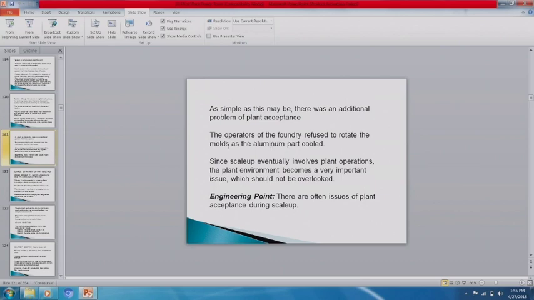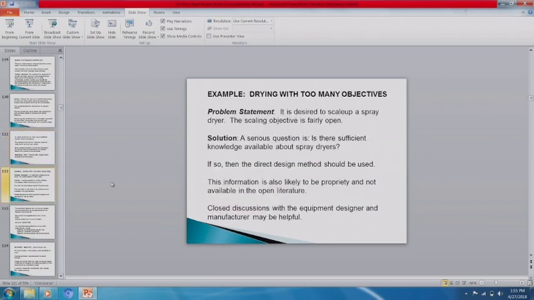Foundry operators refused to rotate the molds with aluminum part as they cooled. And scale up eventually involves plant operation. The plant environment becomes important and should not be overlooked. The operators are the ones who are making the money for the plant, and so you can anticipate that you need their support. So there's a little political problem out there.